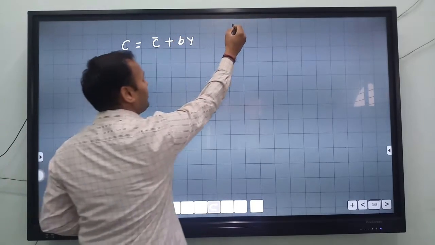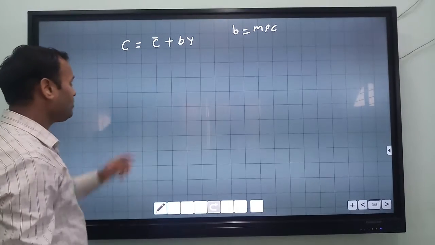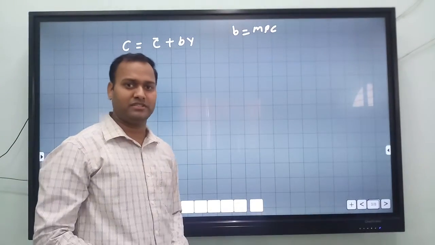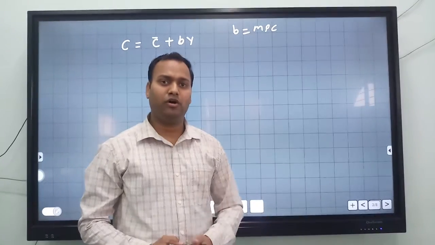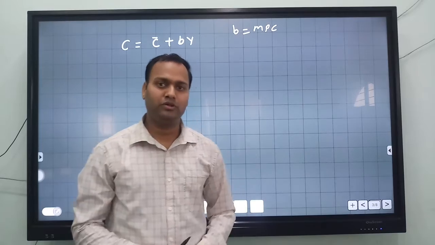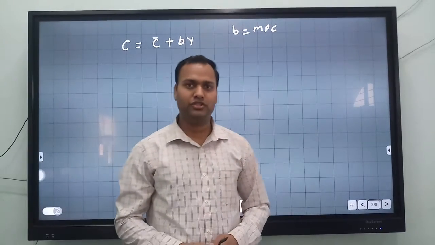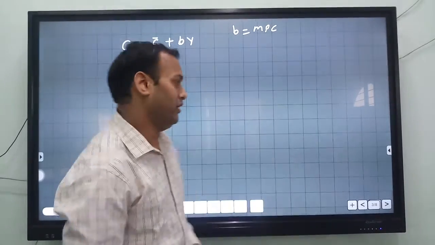And B is what? B is equal to MPC. So in this consumption function, C is the consumption and C bar is the autonomous consumption at the zero level of income. B is equal to the MPC, meaning marginal propensity to consume, and Y is the income level.